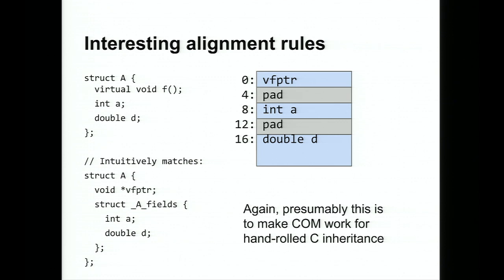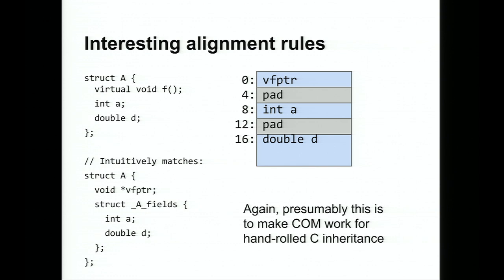I can only assume that this has something to do with interacting with COM, because basically the layout I get from Microsoft Visual C++ is I have the virtual function pointer, then I have 4 bytes of padding because I need to align the fields of the A subobject to 8 bytes because it's got a double. But I end up with a whole 8 extra bytes of padding here that you sort of wouldn't expect.